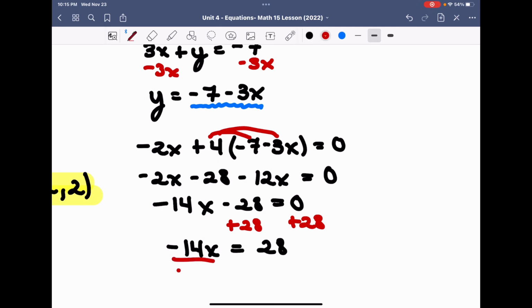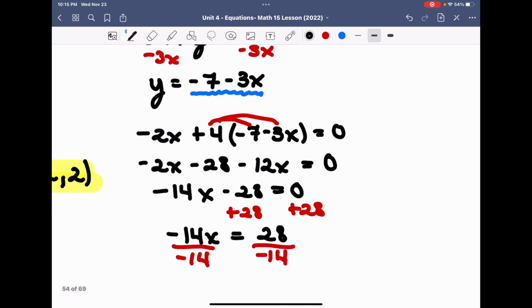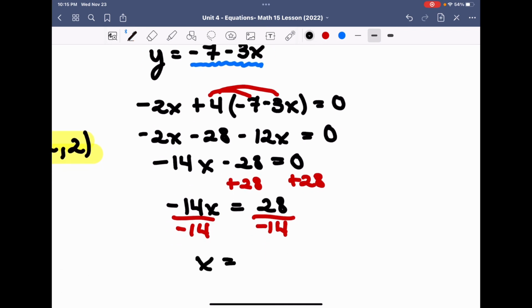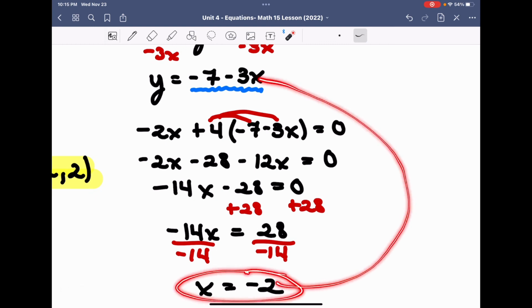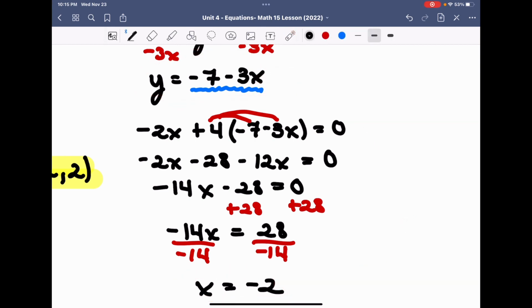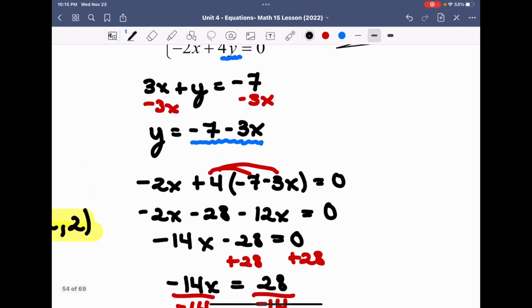I divide by the negative 14 on the x, that's the coefficient, and now I have x is equal to 28 divided by negative 14, or negative 2. Now, this is only half a solution, so what do I need to do? I need to take the x value I found and plug it in for the equation that will help me get y. So when x is equal to negative 2, I'll do it off to the right-hand side.